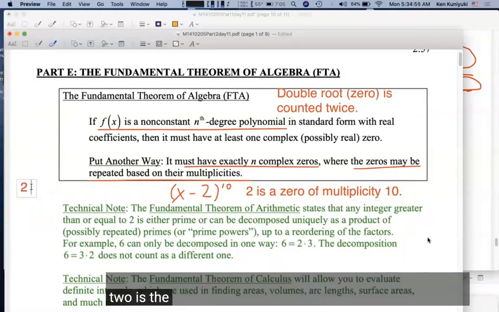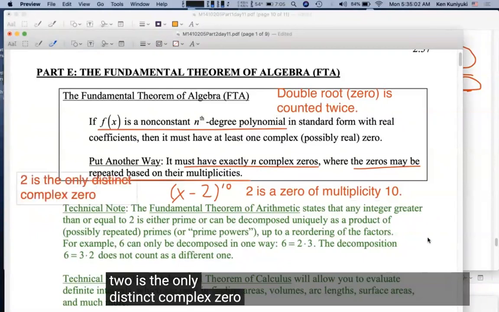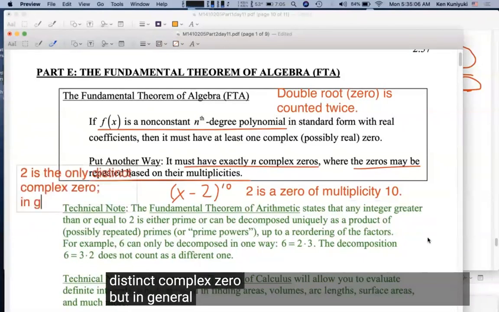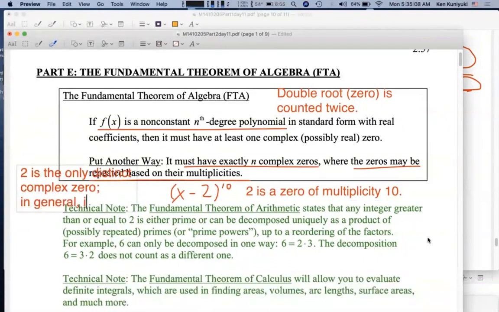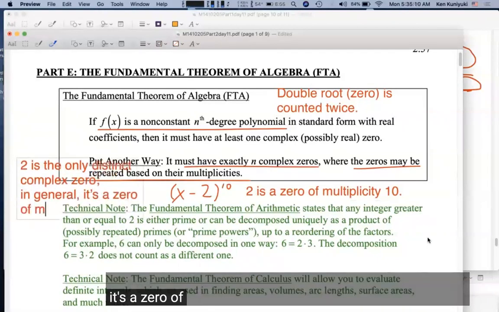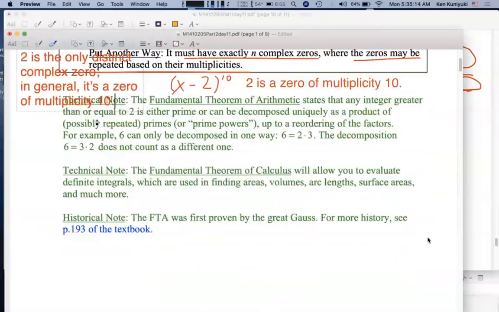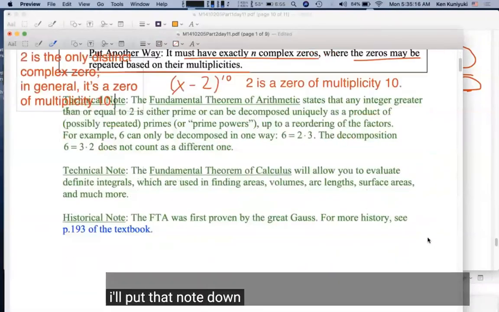2 is the only distinct complex zero, but in general, it's a zero of multiplicity 10. I'll put that note down here.